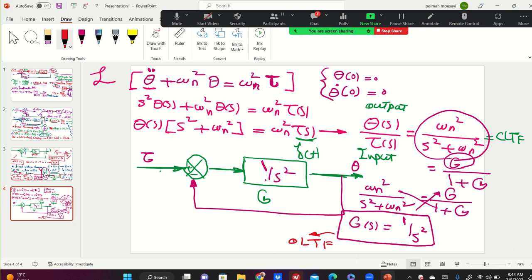Never put the closed loop transfer function here, because you are terminating the block diagram by doing that. Here must be the open loop transfer function.